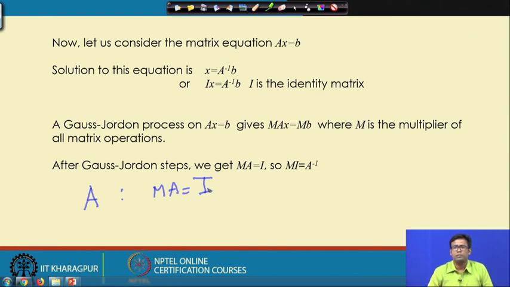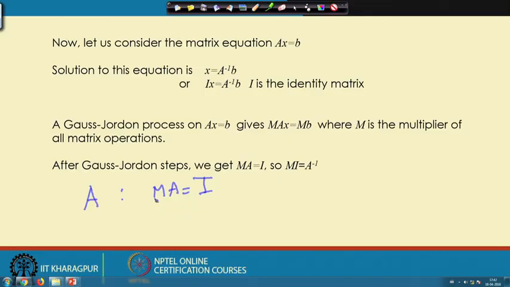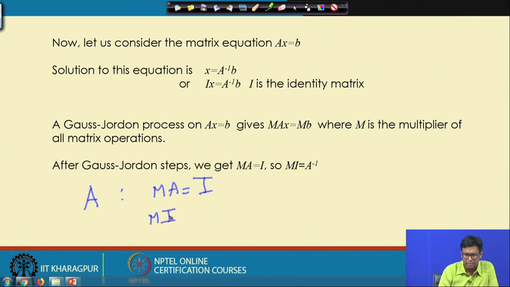M is a set of matrix operations; when all the matrix operation operators are multiplied, it is a single matrix which is a matrix operator on A. When we do this set of operations on A, we get the identity matrix, and Gauss-Jordan tells us that when we apply the same matrix operation on the identity matrix, we should get A inverse. So we will perform Gauss-Jordan steps on matrix A to transform it to an identity matrix form. We will perform the same steps on matrix I and we will get A inverse.